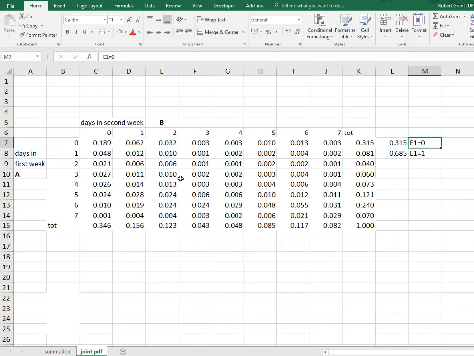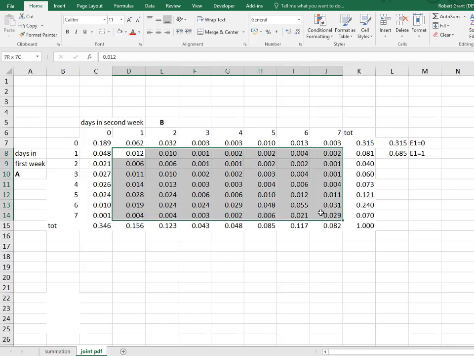So the probability they're both 1 is the probability they got some work in both of the weeks. So it's all these possibilities here.